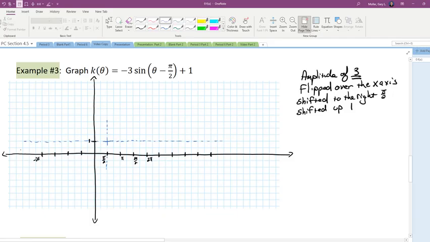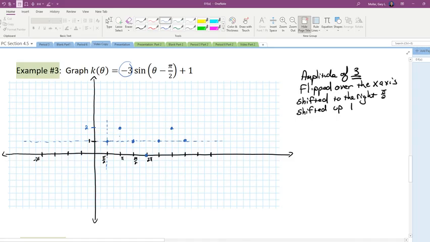All right. If it helps you also, go ahead and put the sine wave in there without changing it, without doing the negative 3. So regular sine starts at 0 and then moves up 1 unit. So we'd be up at 2. So I'm going to be here. And then 2 boxes over, 2 boxes over, 2 boxes, 2 boxes.